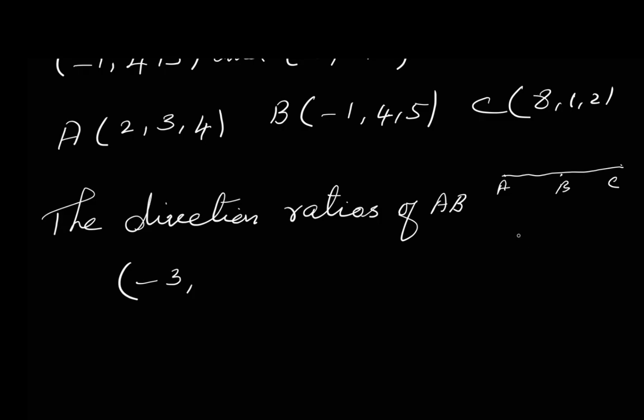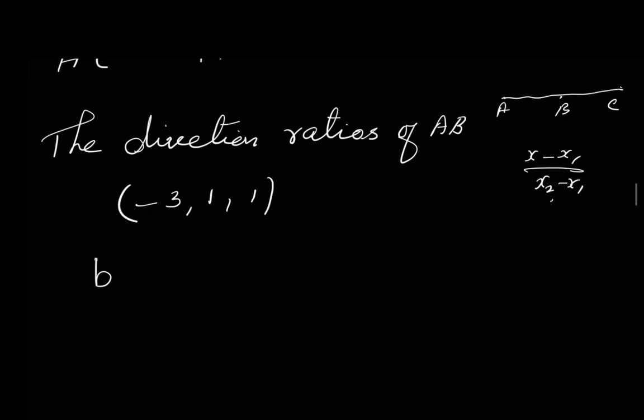The line x minus x1 by x2 minus x1, same y minus y1 by y2 minus y1. You collect only the denominator term, that is the direction ratios. Then 4 minus 3 is 1, 5 minus 4 is 1. So that is vector b equal to minus 3i plus 1j plus k.